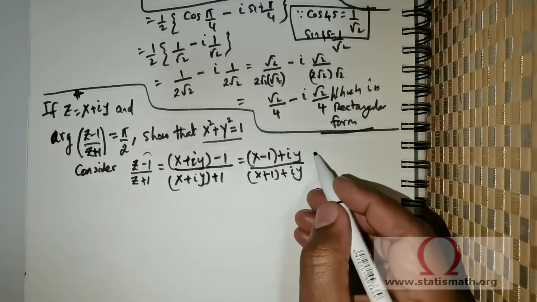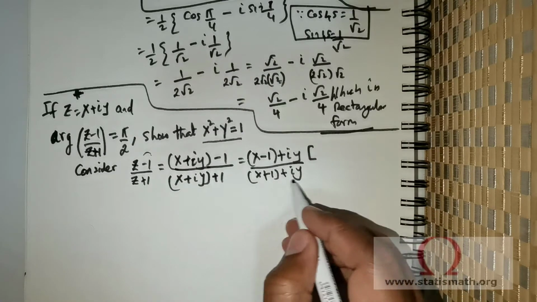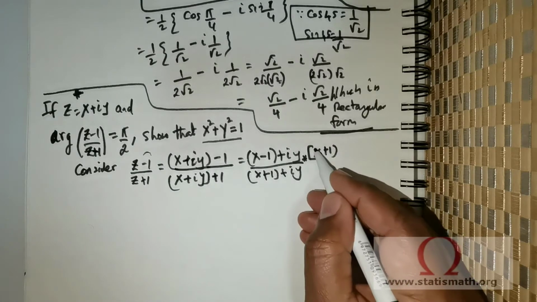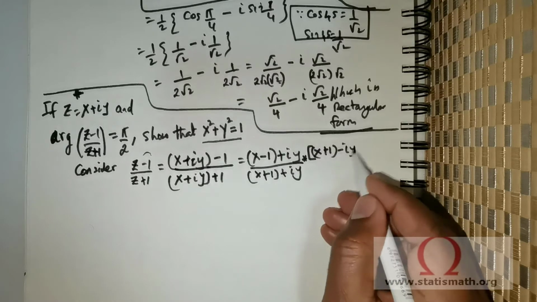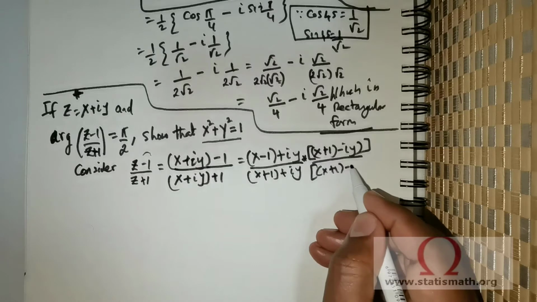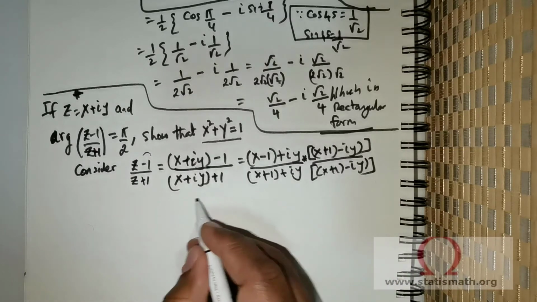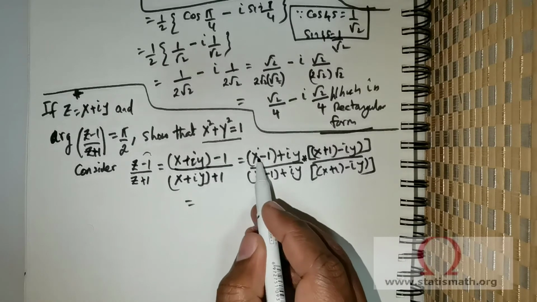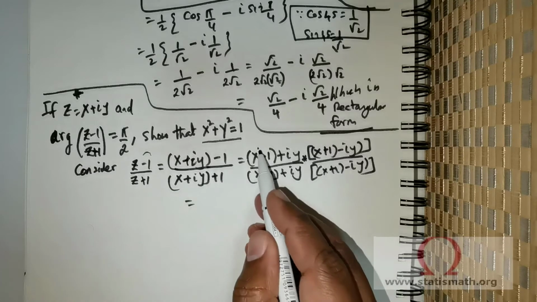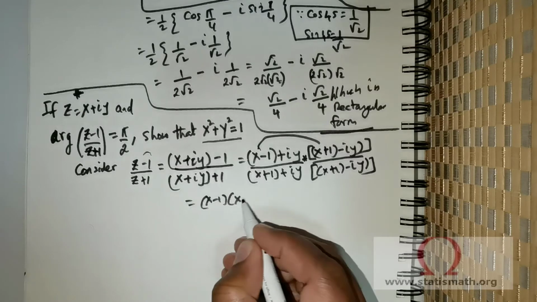Now I'm going to multiply the quantities by the conjugate of the denominator. So that's going to be (x + 1 − iy)/(x + 1 − iy). Now you can see here I have a quantity x − 1, so we start by multiplying x − 1 with x + 1.